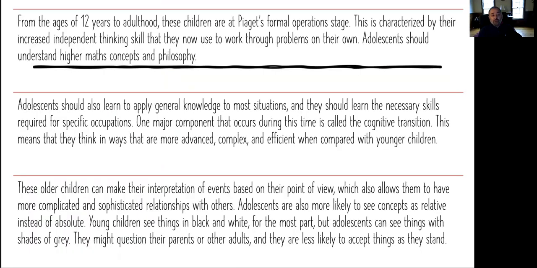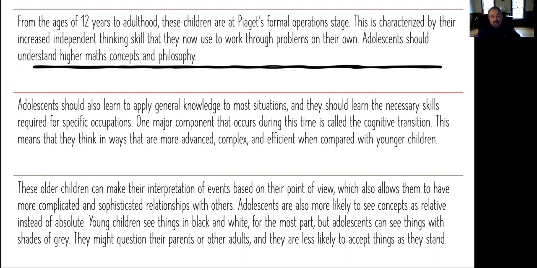From the age of 12 years to adulthood, these children are at Piaget's formal operations stage. This is characterized by increased independent thinking skills, and they know how to work through a problem on their own. Adolescents should understand higher math concepts and philosophy.